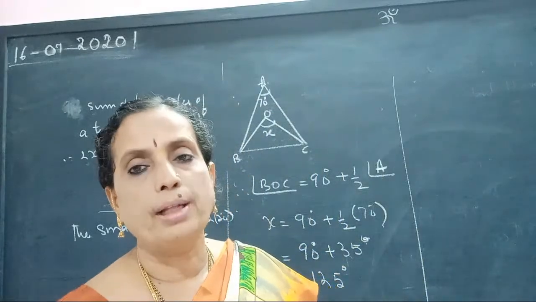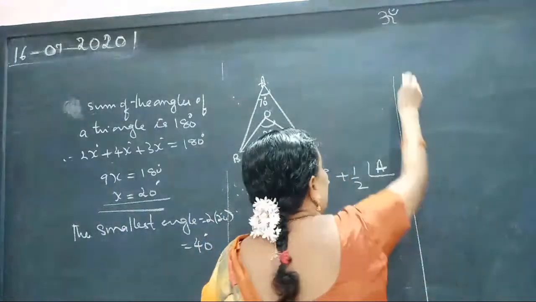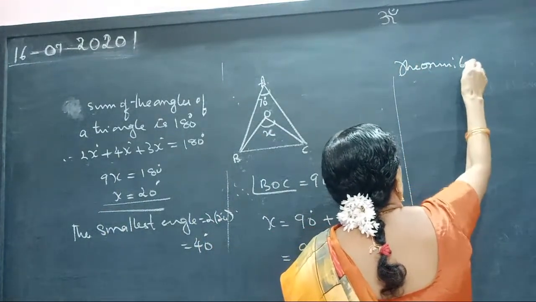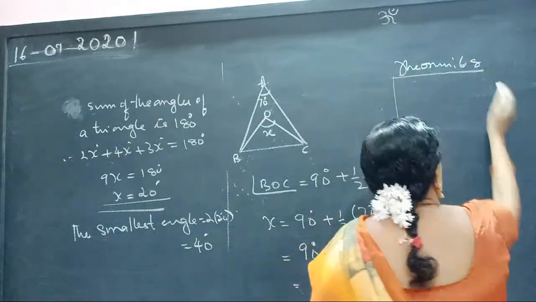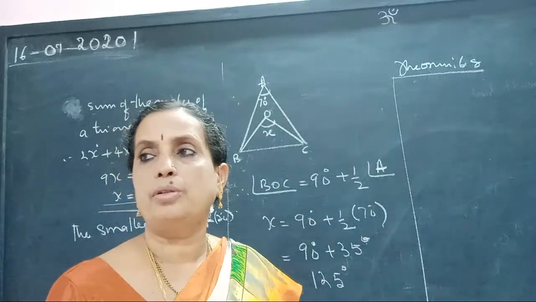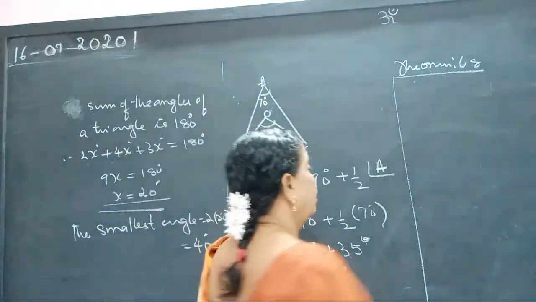Now before proving that, write the statement on the top with the heading Theorem 6.8. That is, exterior angle of a triangle is equal to sum of the interior opposite angles.